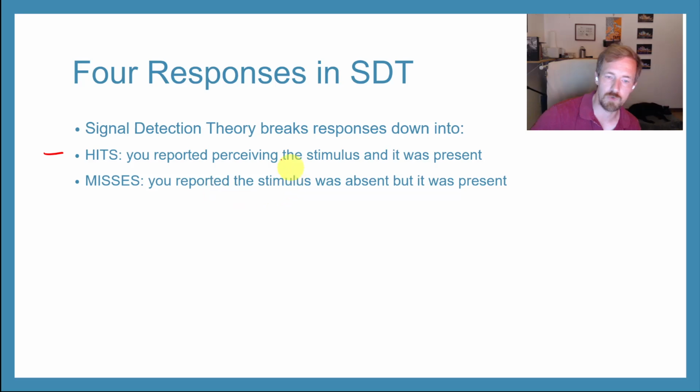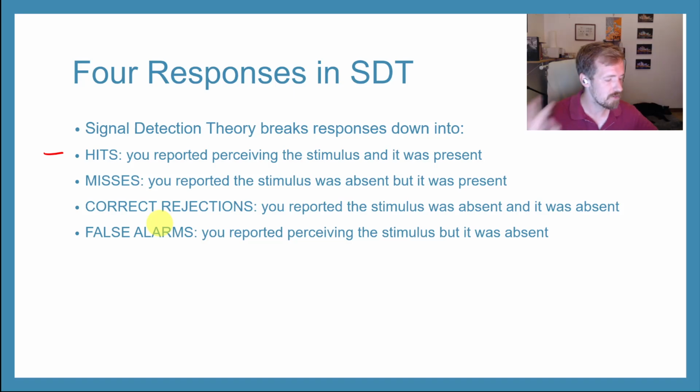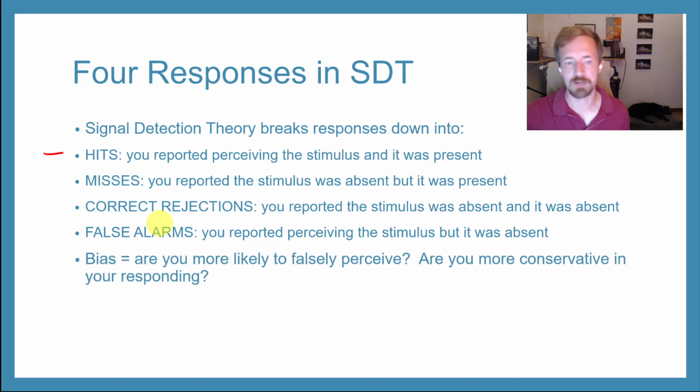In that case, you reported that a stimulus was absent, but it was there. A correct rejection is where you reported that a stimulus wasn't there and you were correct that it wasn't actually there. And then a false alarm, which is where you say that it was there when in fact it was not. So those are the 4 different kinds of responses.